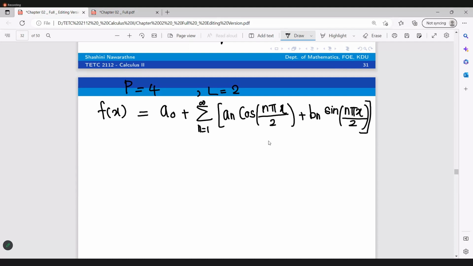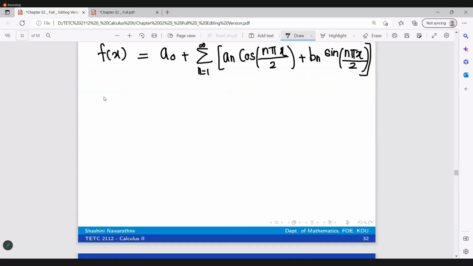And then what are the expressions to find these three Fourier coefficients? If we are asked to find A naught, it is 1 over 2L, so here 2 times L equals 2, times the integral from minus L to L. I just replace L by 2: minus 2 to 2, f of x dx.